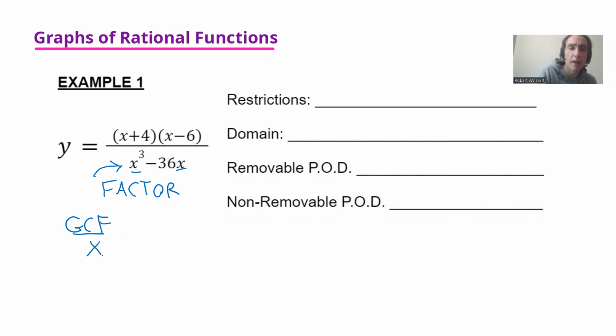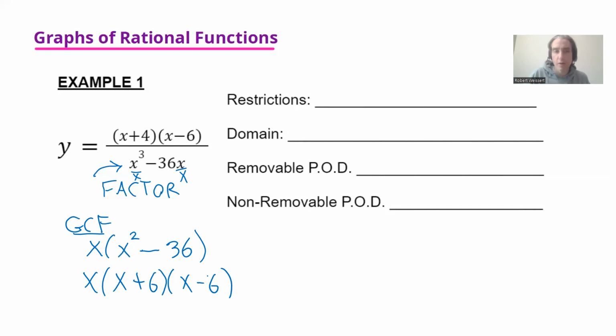So I'm going to pull the x out of that set of terms. And inside I'm going to have x squared, because I'm taking one of the x's out, minus 36, because I took that x out there. Now I have it partially factored, but you're going to recognize that here we have a difference of squares. X squared minus 36 is a difference of squares. And so that's going to actually be parentheses x plus 6 and x minus 6.